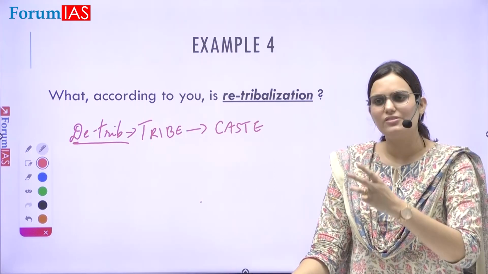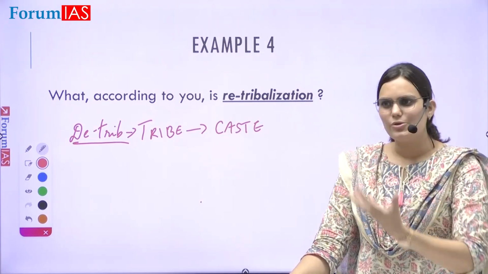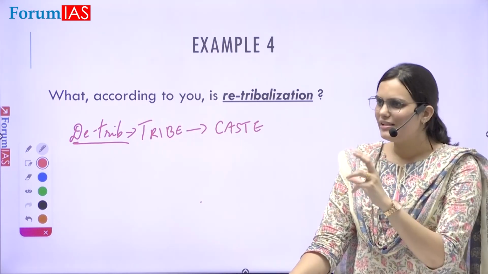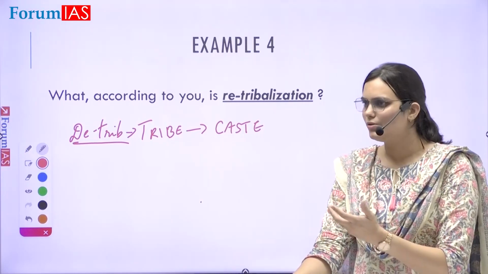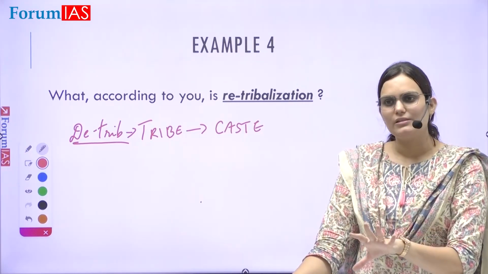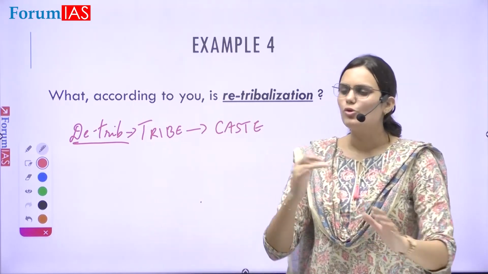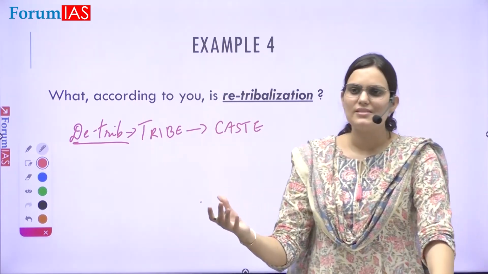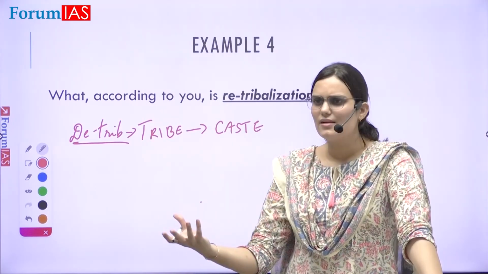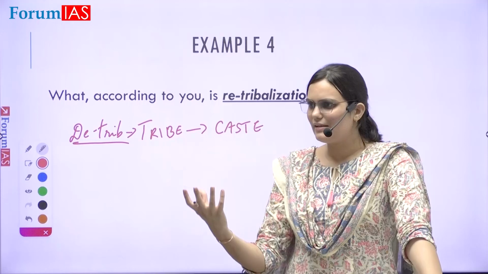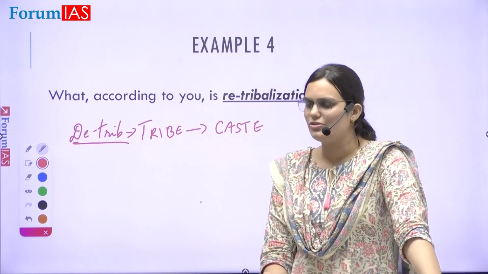But what has happened with deforestation and the coming of the FRA Act, etc., their livelihood has been robbed. So they do not have an economic means to thrive as they had earlier. So what is the option they are left with now? That let's conform to the majority outset. Okay, going to the nearby towns and cities to work as house helpers. Okay, as artisans, you must have seen basket weaving and all such things. These are all examples of detribalization.